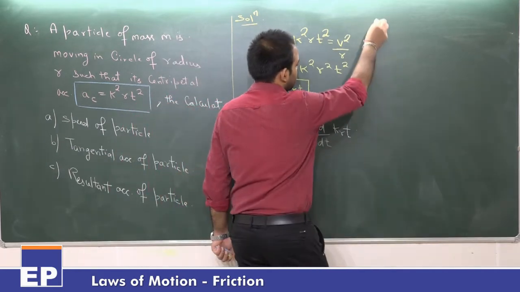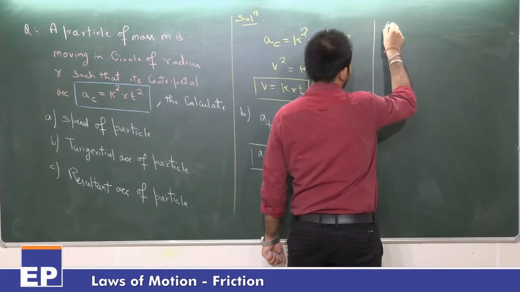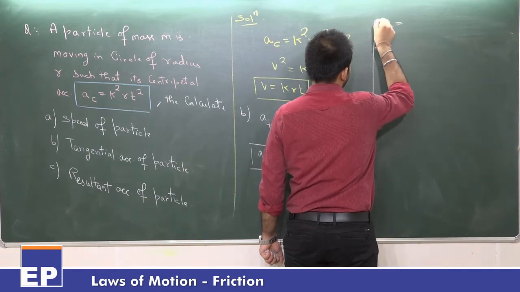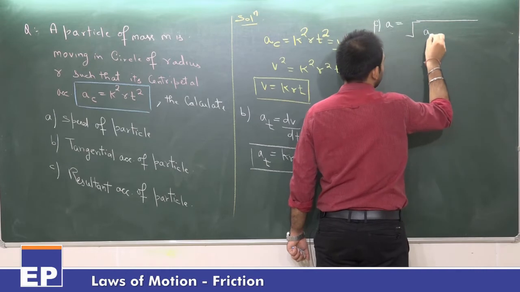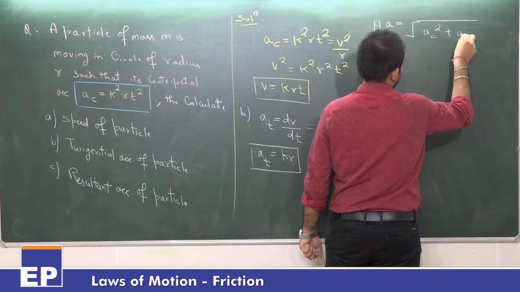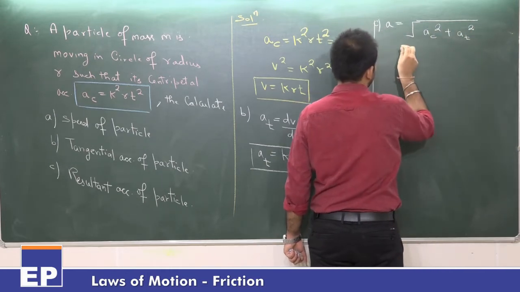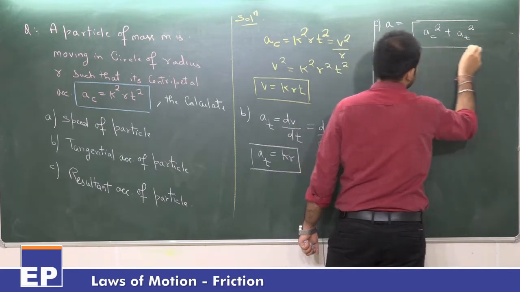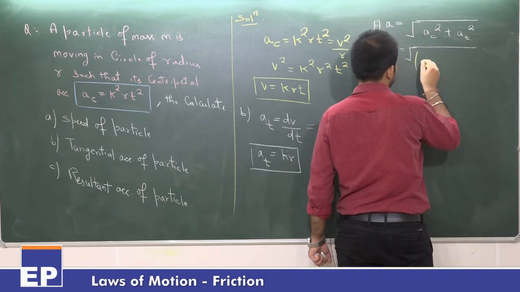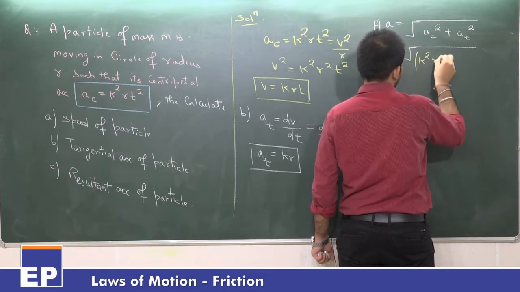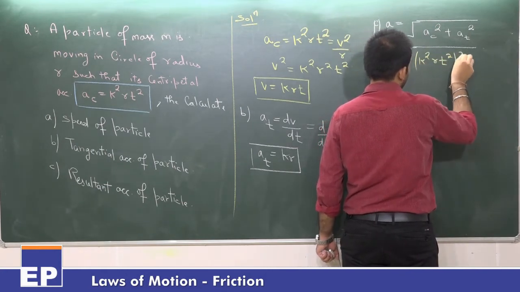Now, what is our net acceleration? That is A, which is under root of AC square plus AT square. So, what is AC square? K square R square T square, whole square.